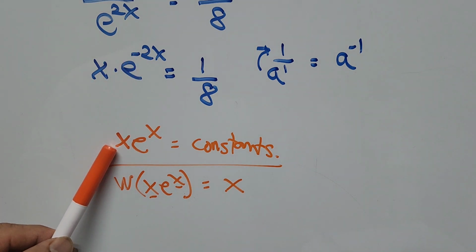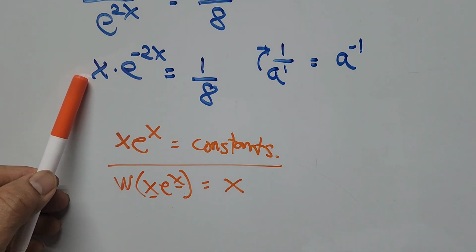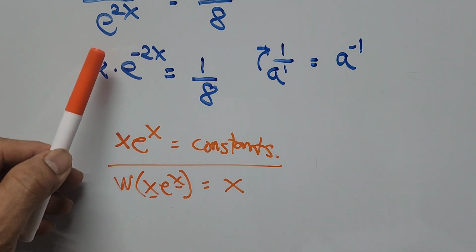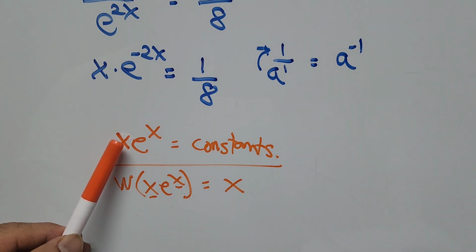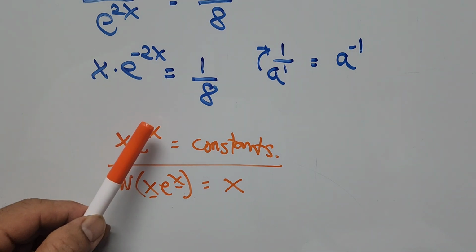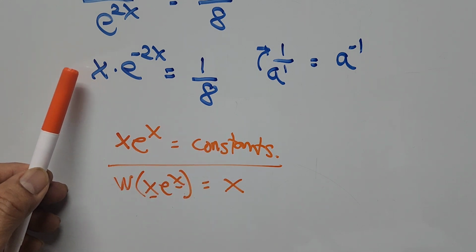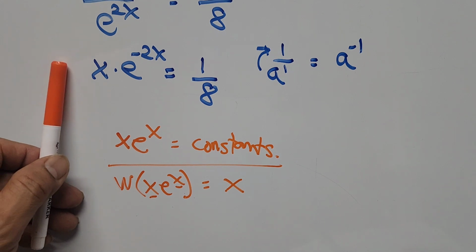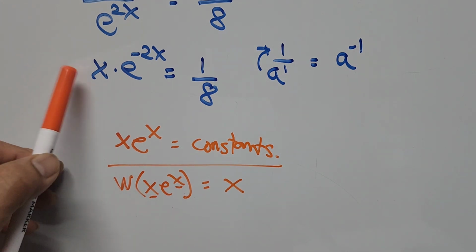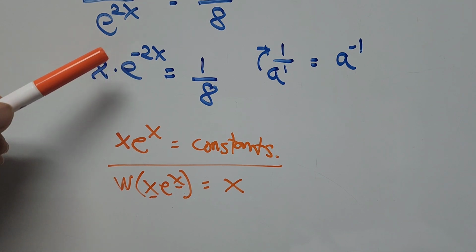Based on this format, the exponent must appear exactly the same as the base, or the base exactly the same as the exponent showing up right here. So that would be in this form, x e to the power of x is equal to some constant. So then we'll be doing some manipulations to make the left-hand side of the equation have the base look exactly the same as the exponent over here.